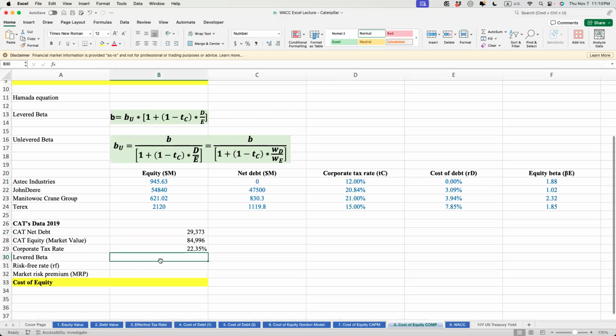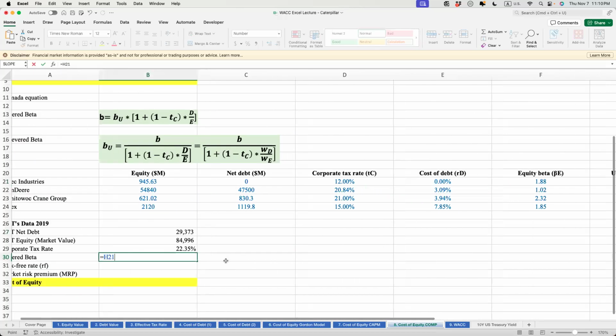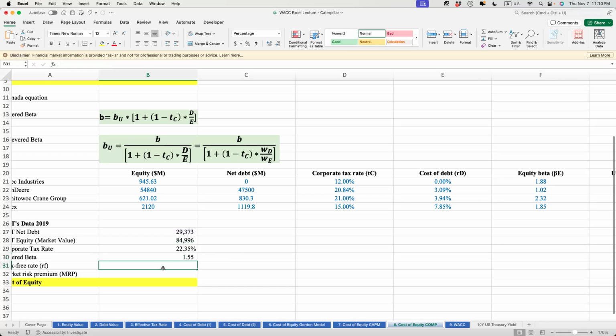Now we can calculate the levered beta for Caterpillar using this formula. This is equal to the unlevered industry average beta multiplied by 1 plus (1 minus the tax rate), multiplied by the net debt value divided by the equity value, close the parentheses, and you get your levered beta.